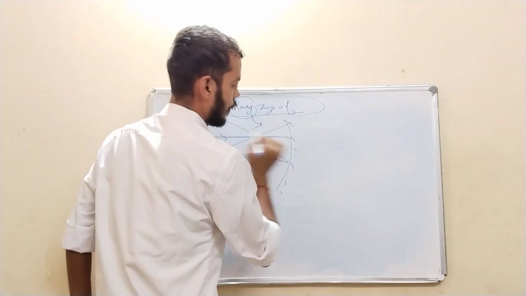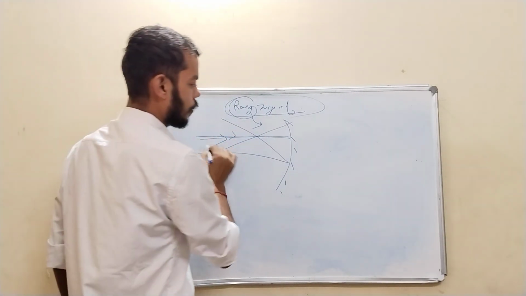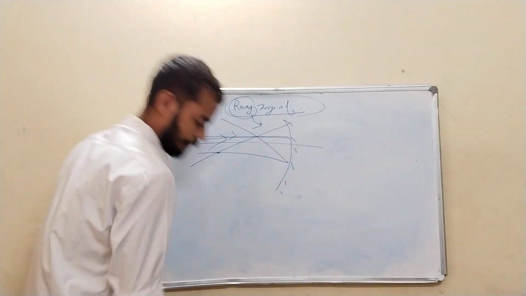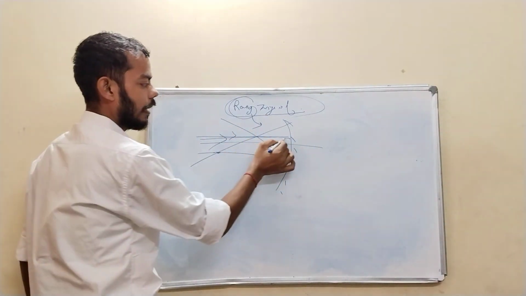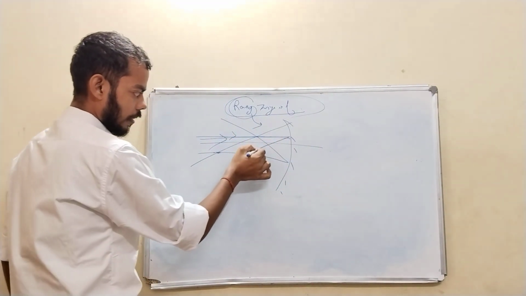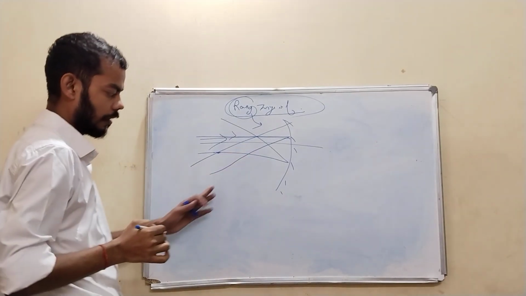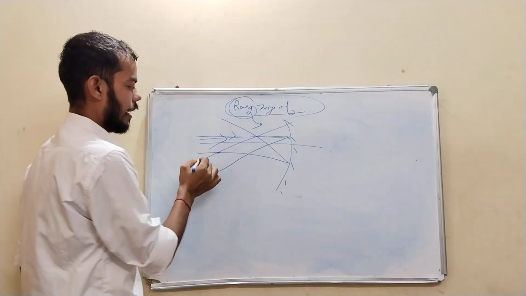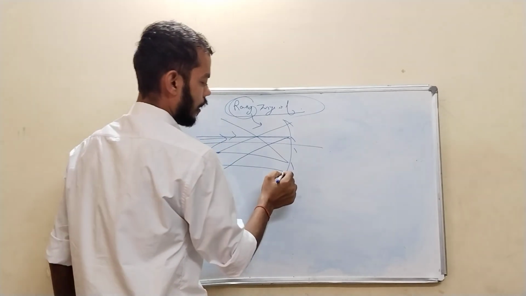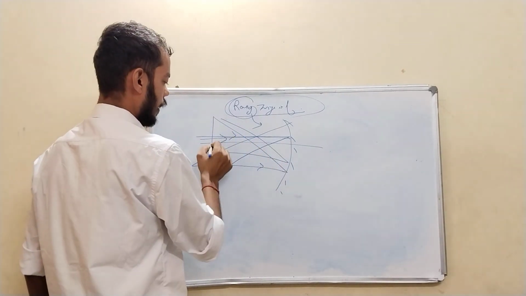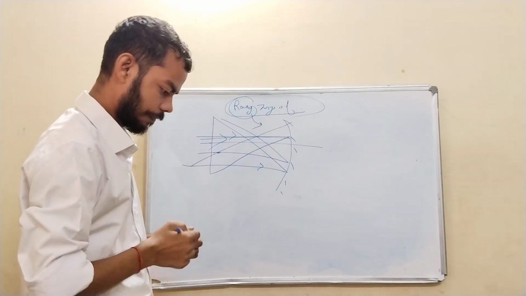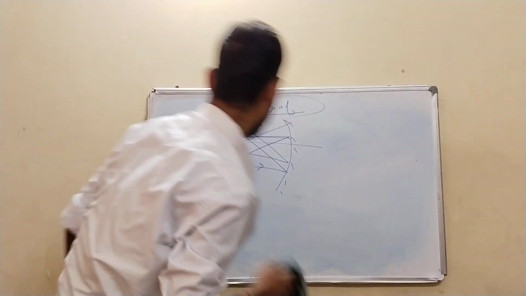This is the first ray, going parallel to the principal axis, and after striking the mirror, it comes out passing through the focus. The other ray, which is also going parallel to the principal axis, after striking also passes through the focus. Where both meet, they form the image. This is the concept of ray optics.